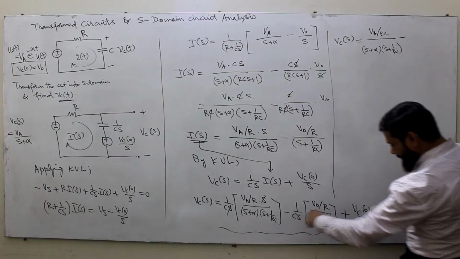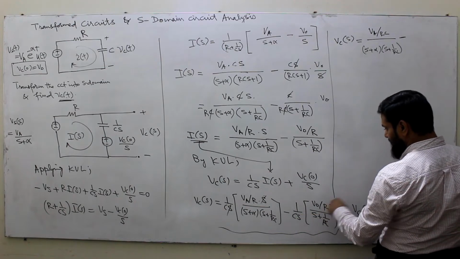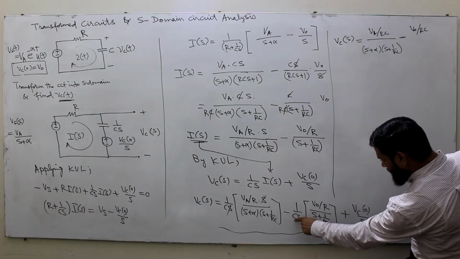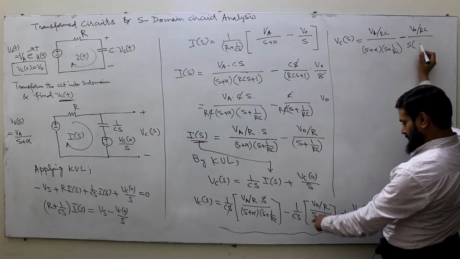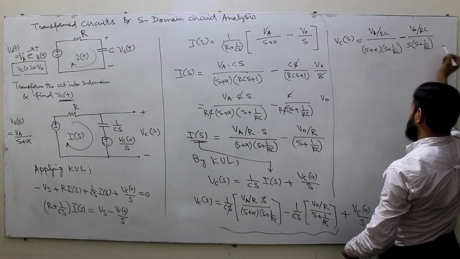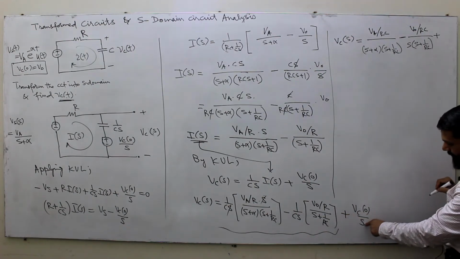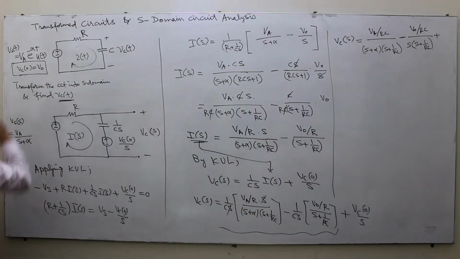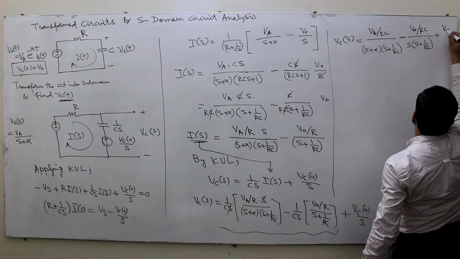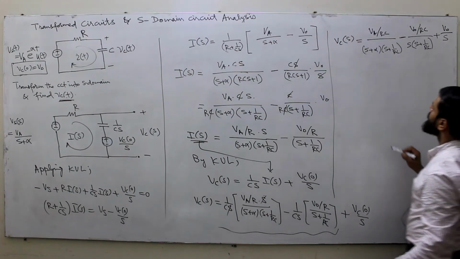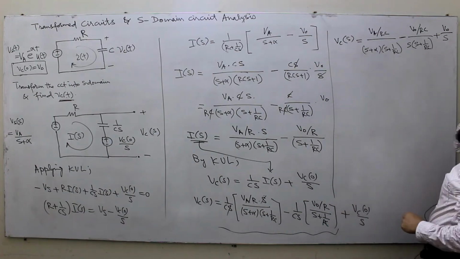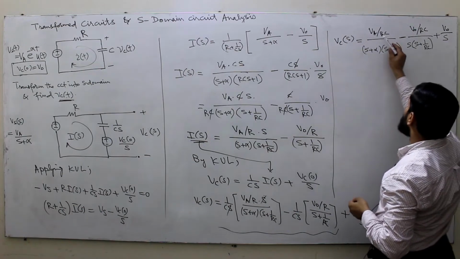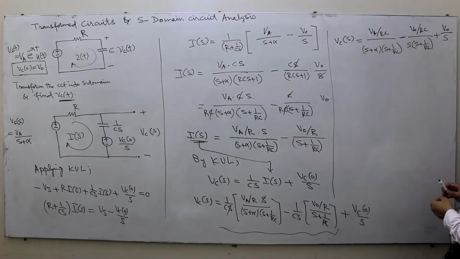Further minus, I can also take this C with this R, V naught divided by RC, and divided by S into S plus 1 over RC, plus Vc of 0 over S. The initial condition we know is given as V naught, so we can replace that as well: V naught divided by S. So we have obtained this expression for Vc of S. We have to take the inverse Laplace transformation, but we cannot take it in this form because we see this is the proper fraction.